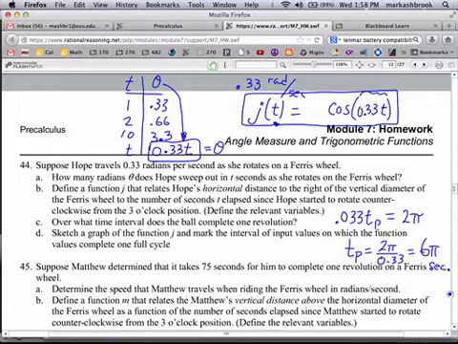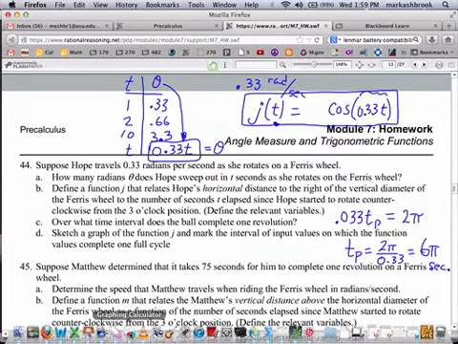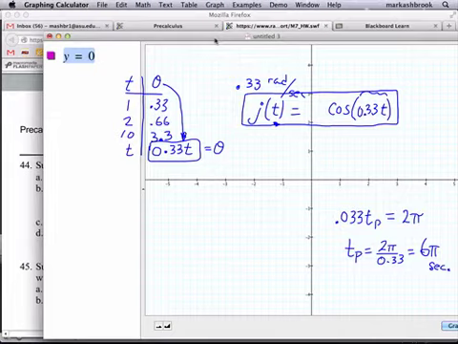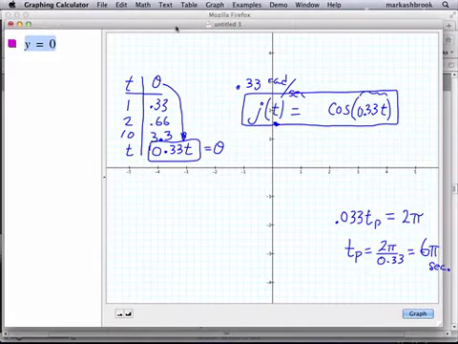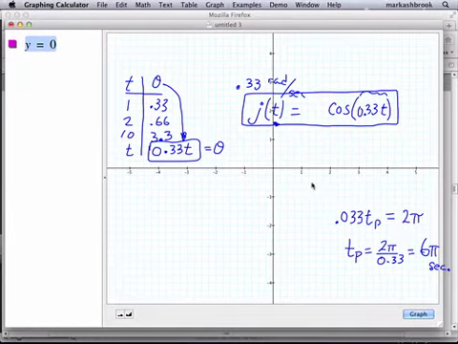Sketch the graph. Okay? So we're going to sketch this graph based on all this information we have so far. And then we can check it. Let's see here.